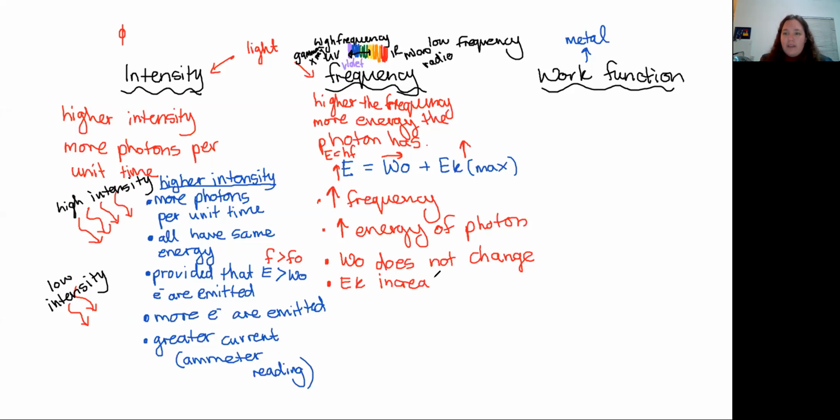So the work function doesn't change, but the kinetic energy increases. Remember, I explained that the kinetic energy increases only while it's in that free flight. As soon as it strikes the metal, it goes back to a circuit, and the rate at which it moves doesn't change. So the kinetic energy increases, but, and this is a huge big but, the current in the circuit does not change.